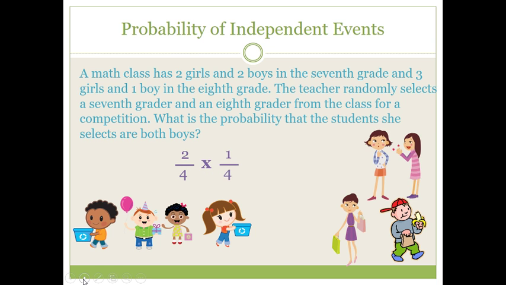So that's only a 1 out of 4 chance. Well, we multiply our probabilities to get 2 out of 16, which reduces to 1 out of 8 chance. As a decimal, that would be 0.125, and as a percentage, that would be 12.5. So there's a 12.5% chance that we randomly select 2 students that are both boys, given this situation.